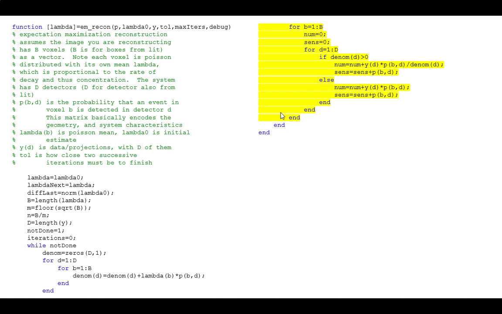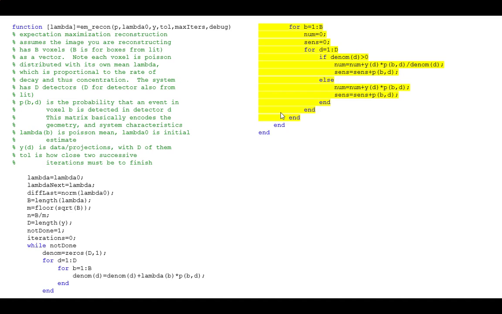What am I doing with the if? If there was anything you didn't get, it was the if. Be careful you don't do division by 0. That's really what that is, right? What would it mean for that denominator to be equal to 0? Remember, denominator was lambda times p.